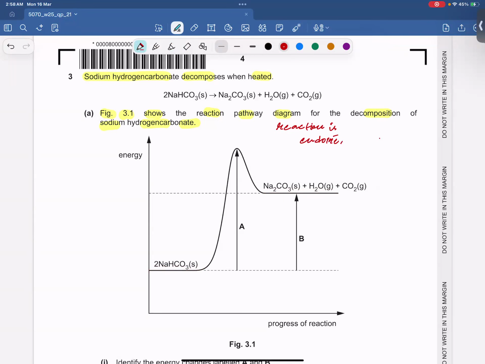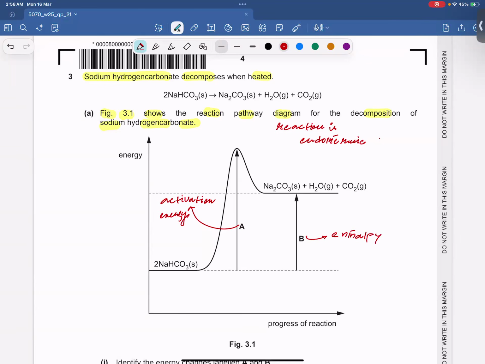If the reaction is endothermic, then this is going to be the activation energy, and this is going to be the enthalpy change.